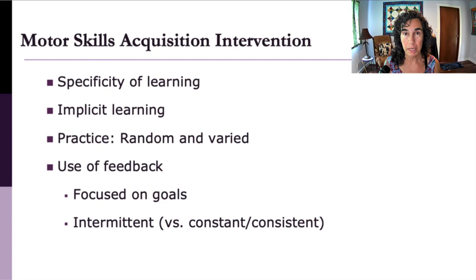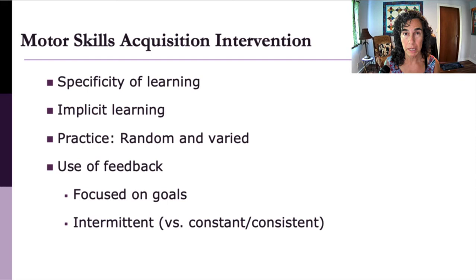In terms of intervention within the MSA, it's very specific. There's implicit learning, so we do it and we get something. Practice is really important, and it's random and varied.